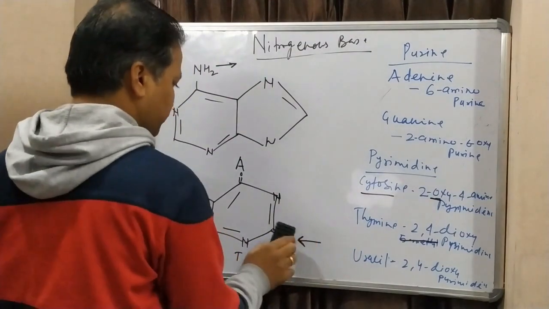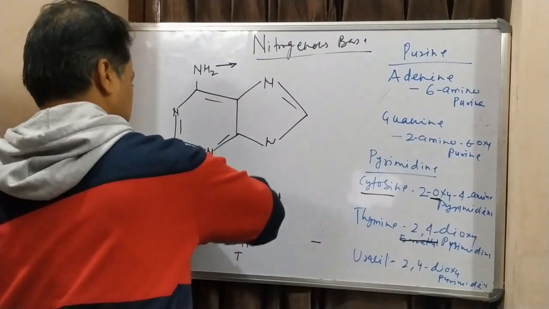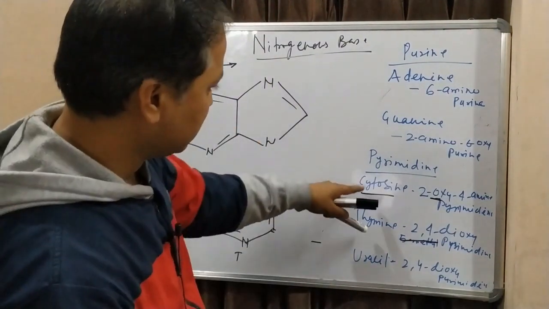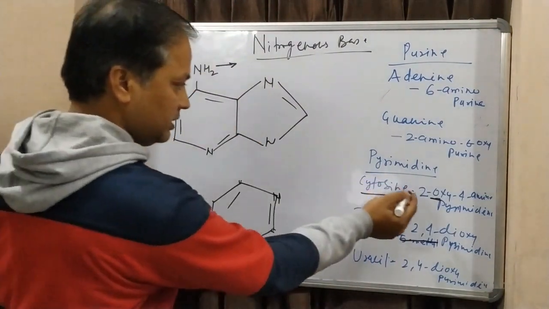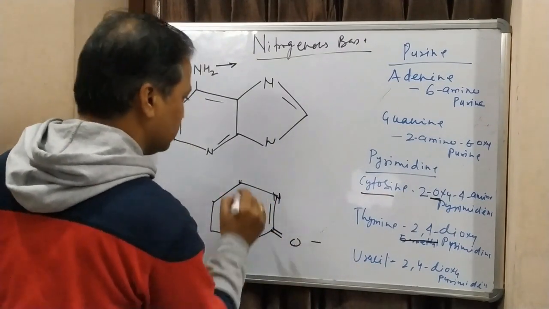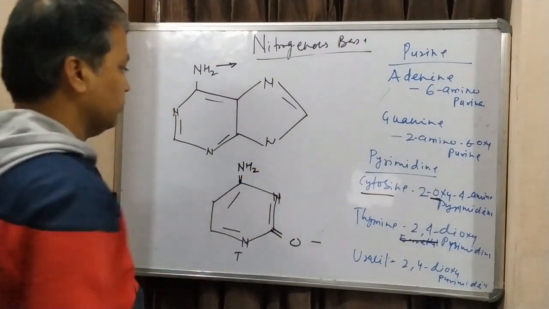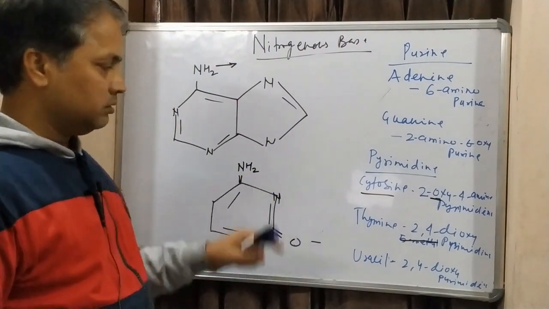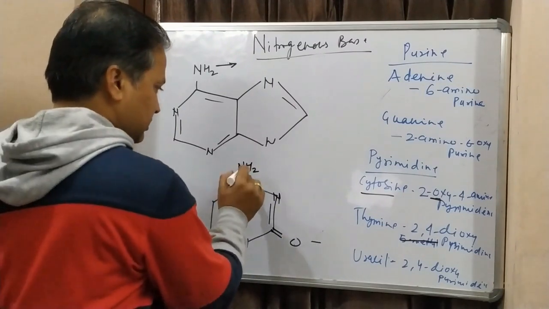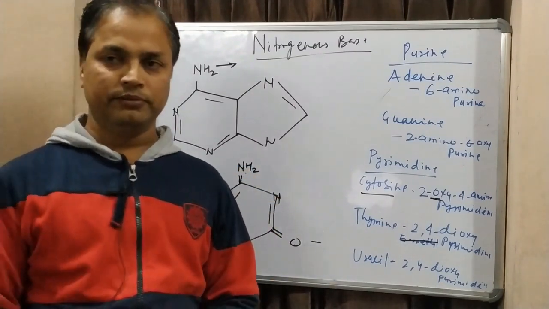Like if you write cytosine, this is your cytosine. The cytosine structure has 2-oxy, and this is NH2. So this is amine, and this is nitrogen with hydrogen.